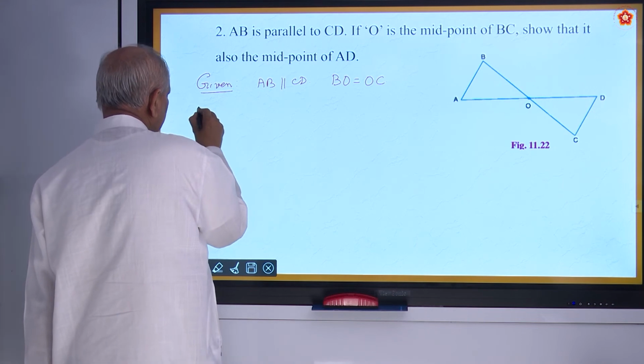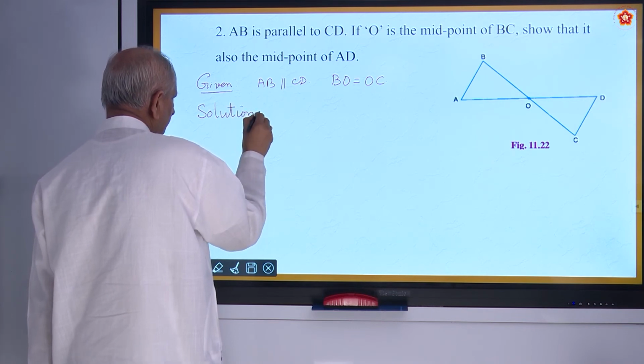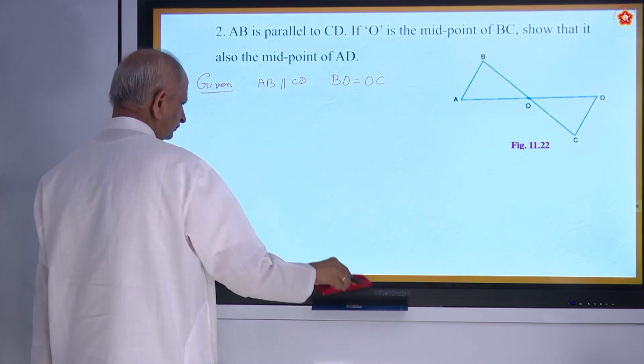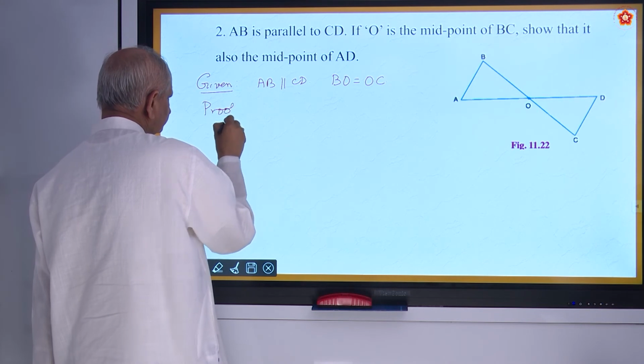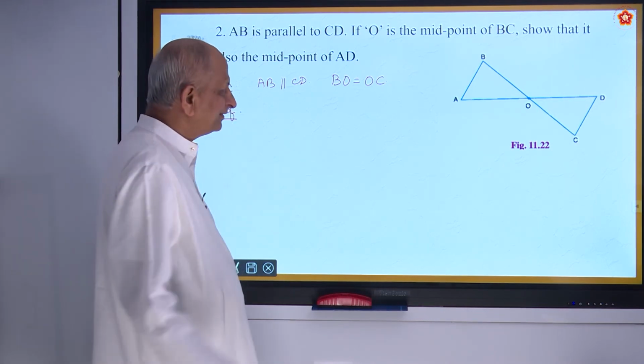So, you can write solution or you can write proof also. Better write proof. Come on, name the two triangles.